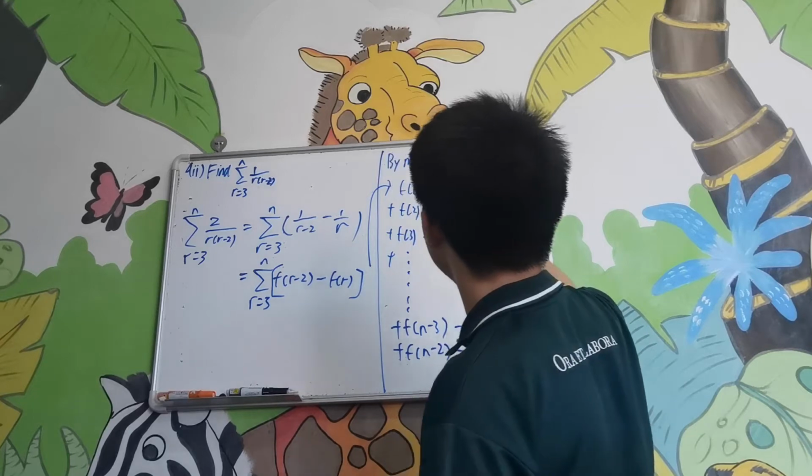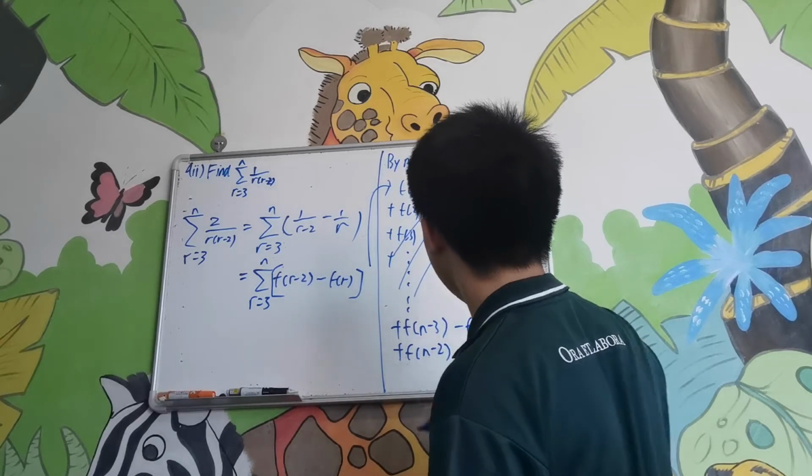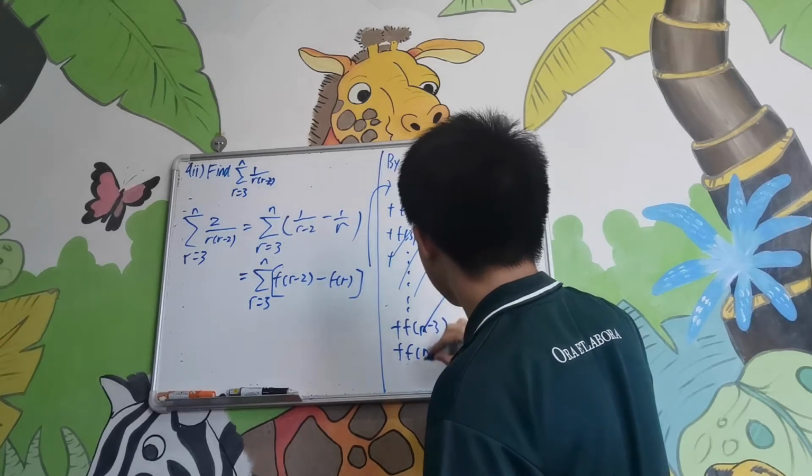And then as you see by your telescoping series, these things will cancel out, and these things will also cancel out.